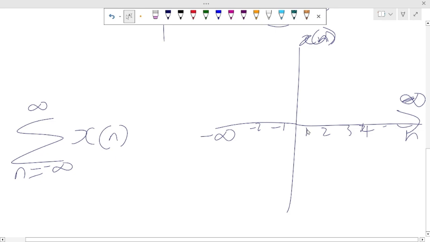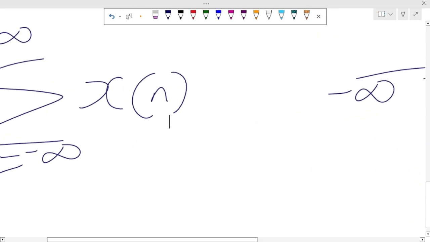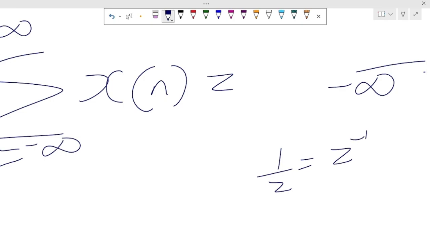Then the period from when n is 1 to when n is 3 is also a delay. So to account for the delay, there is something used, and z is what is used. Are we following? For just a single delay, we say 1 over z.